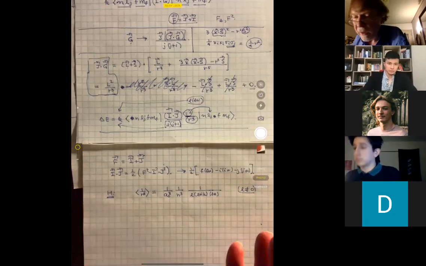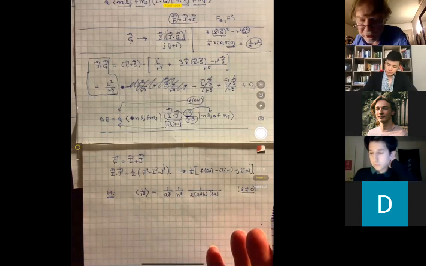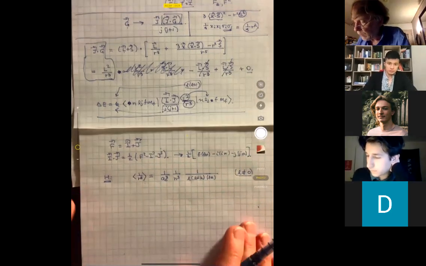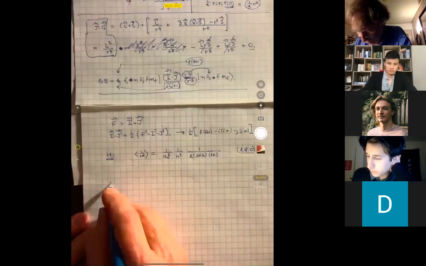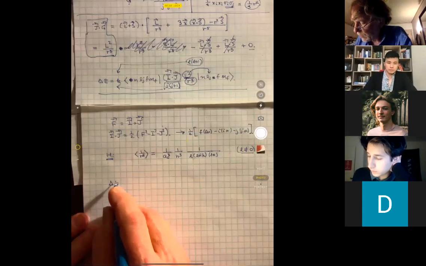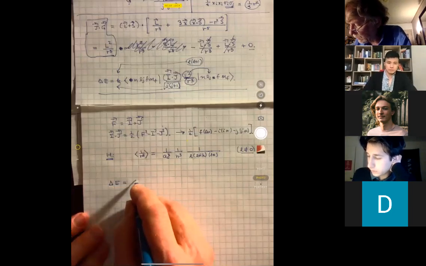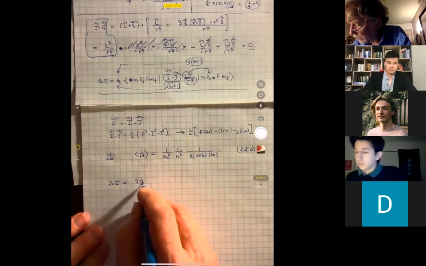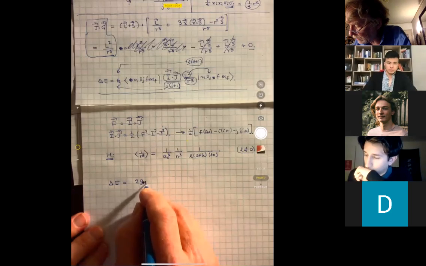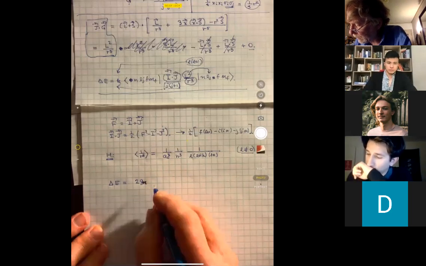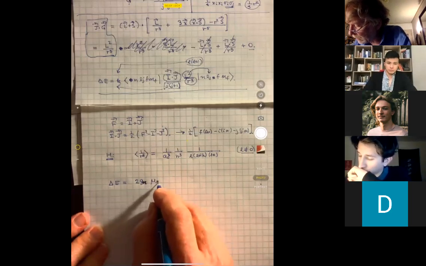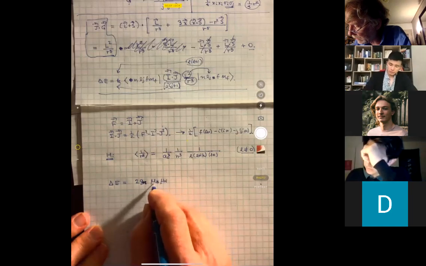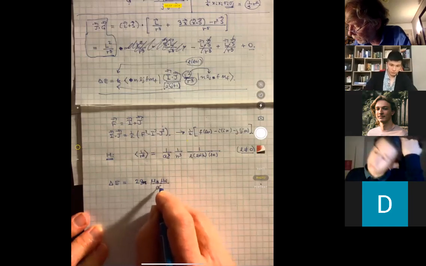So we're able to evaluate this matrix element by using all the tricks in the book. And when we do, we end up with a formula for the energy shift, and here it is: delta E is equal to twice the nuclear magneton, the nuclear g factor, g sub n, times the product of the Bohr magneton times the nuclear magneton, divided by a naught cubed.